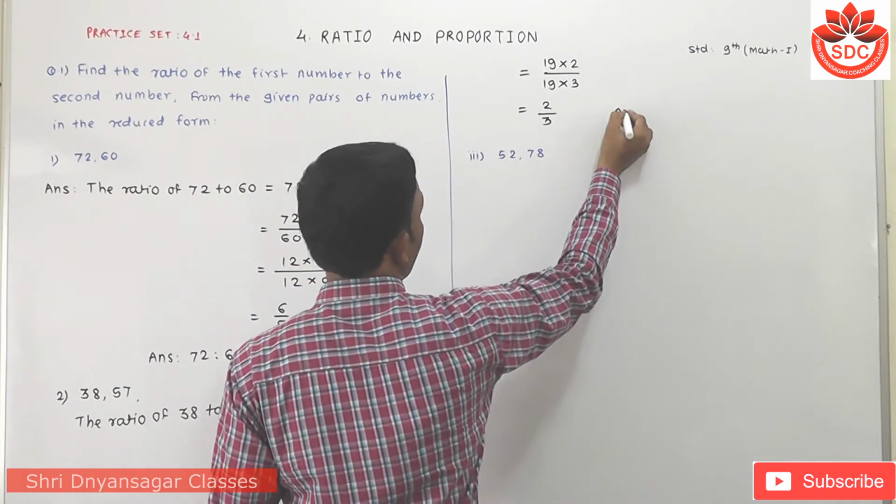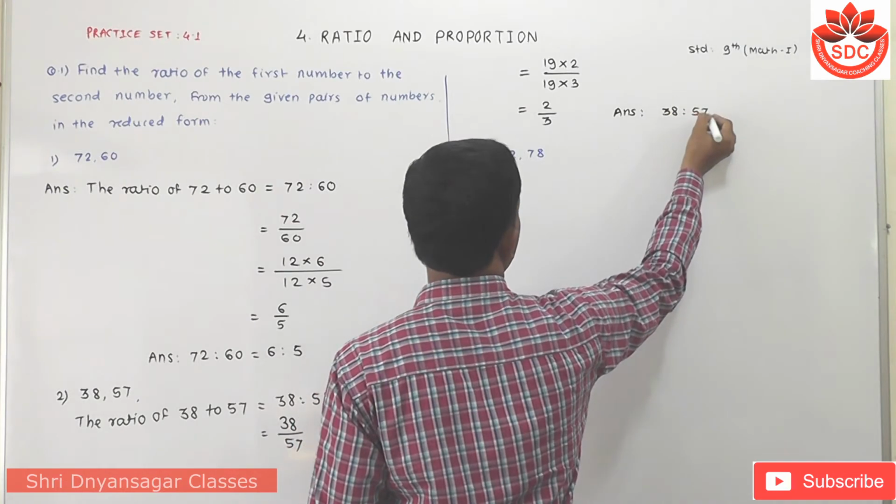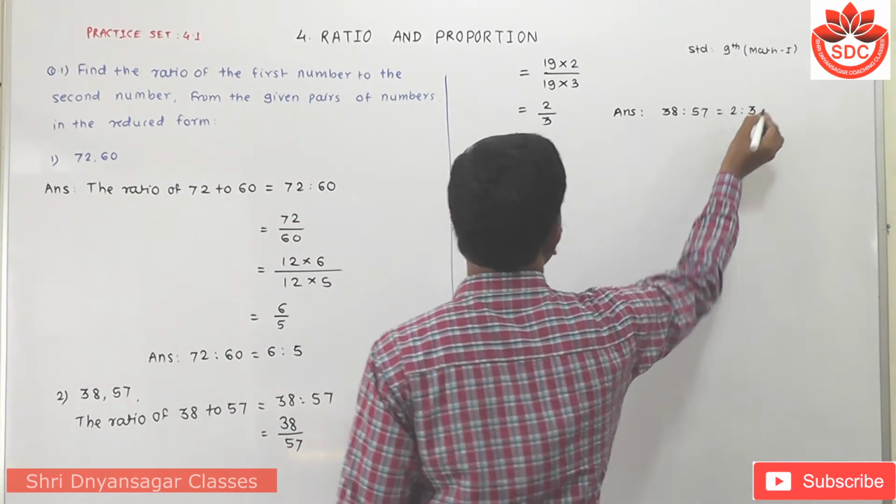Therefore, answer in a full sentence: 38 as to 57 is equal to 2 as to 3.